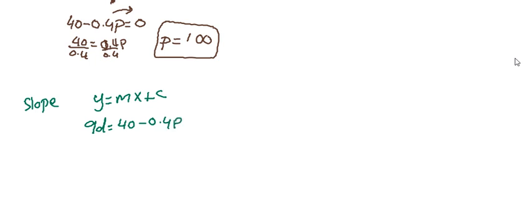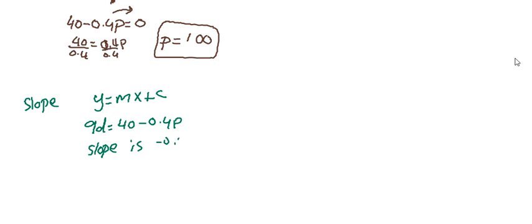It is the coefficient of the price. The slope is the coefficient of x. So the slope of QD is minus 0.4.